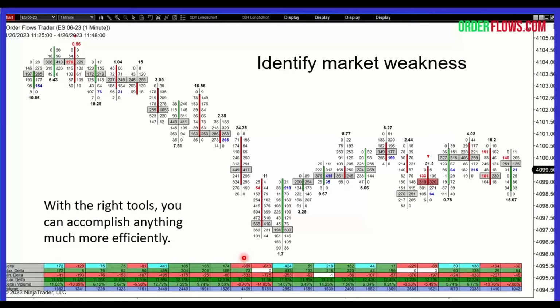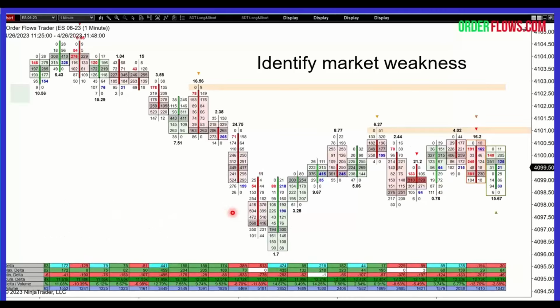And this is why having tools that help you analyze the order flow, not just present the order flow, matters. All the trading software has now some form of order flow footprint chart. But all they do is just show you a chart like this. It's up to you. They leave you to figure out what all this means, right? But when you have simple software that analyzes it for you, tells you, hey, you know what?